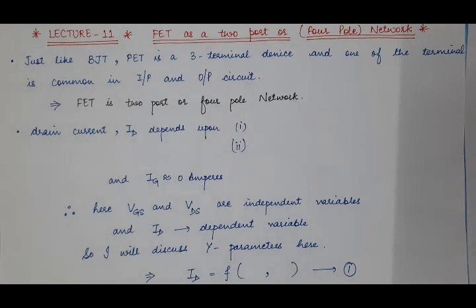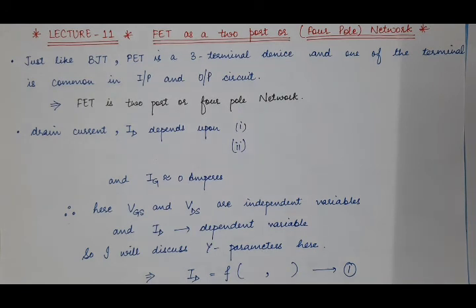In the case of bipolar junction transistor, we were having 2 values of currents and 2 values of voltages. Out of that, one of the current and voltage were dependent and the others were independent. So that is why we discussed hybrid parameters there.